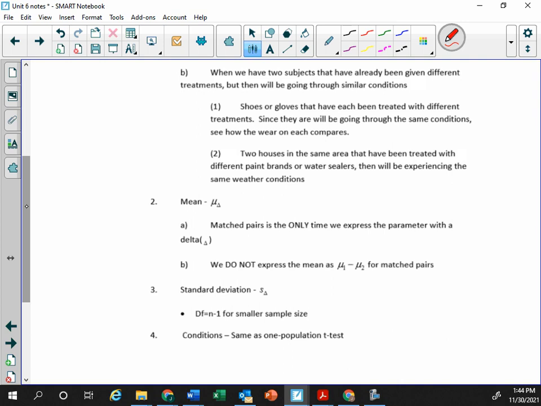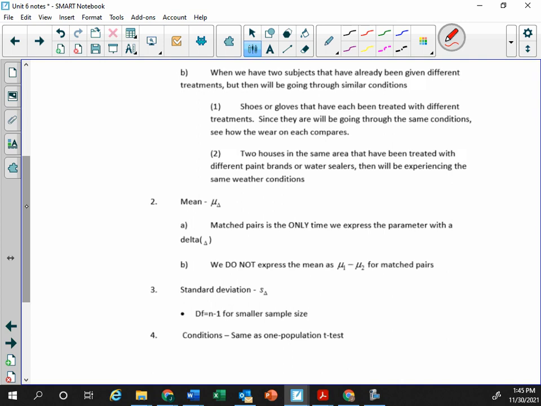So it goes in this unit because it is definitely two things that you start with, two different populations, if you will, but you perform it as if we're back in the previous unit, okay? So we'll do one of those examples at the end. Hopefully we'll get there. But everything else is the same as far as doing the test. Your conditions are the same as the one population, degrees of freedom are the same, all of that stuff, okay?